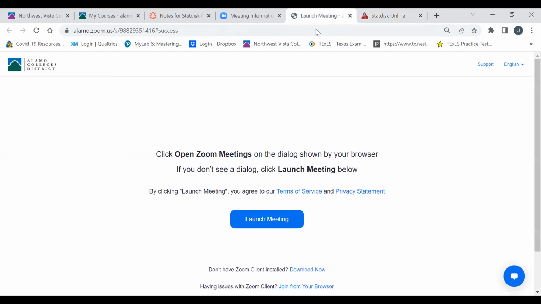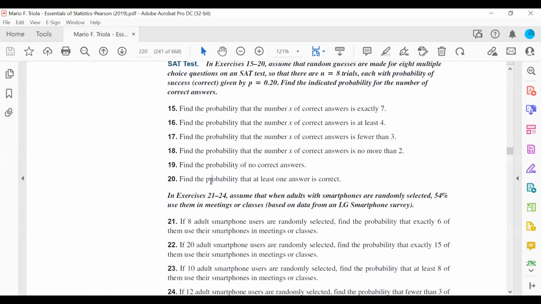Okay, let's look at number 17. It says, find the probability that the number x of correct answers is fewer than 3. Fewer than 3. I'm using the same thing: n is 8, p is 0.20, and x equals fewer than 3.